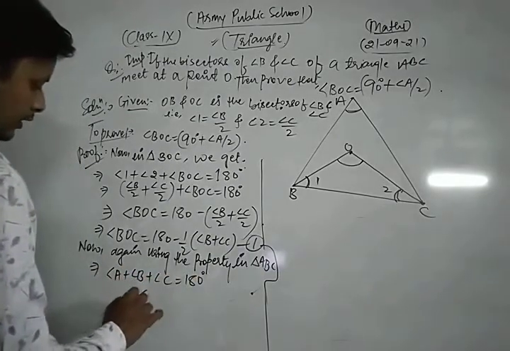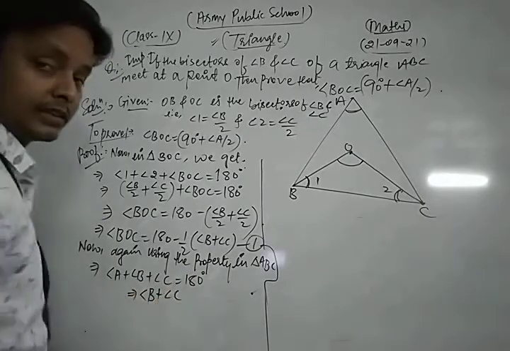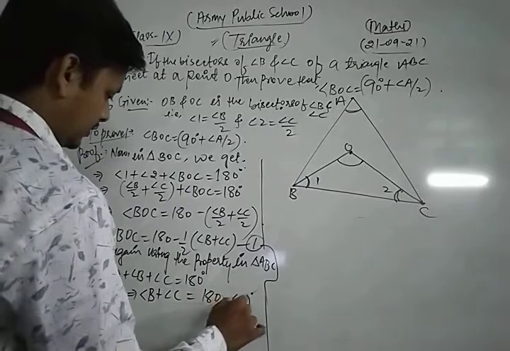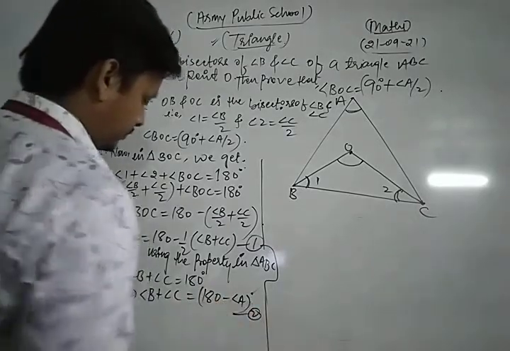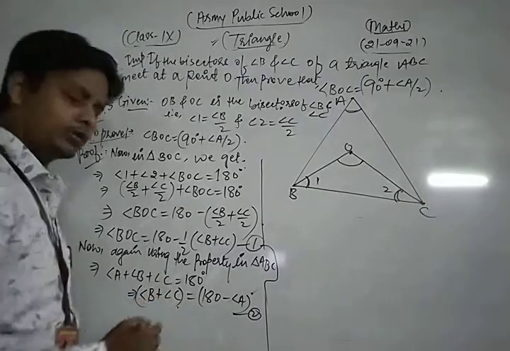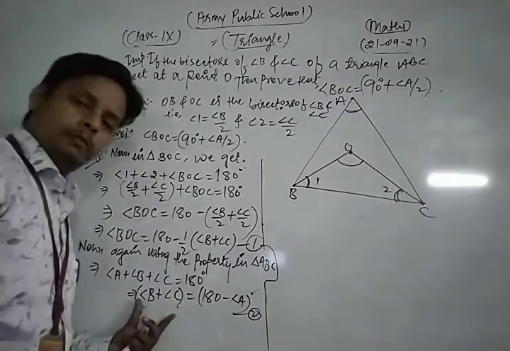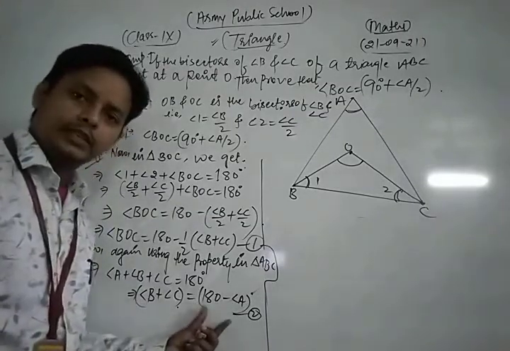So the value of angle B plus angle C is 180 minus angle A. Take this as equation number 2. In this way, dear friends, we find that angle B plus angle C is equal to 180 degrees minus angle A.